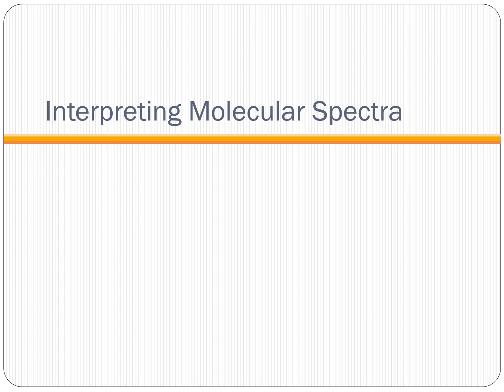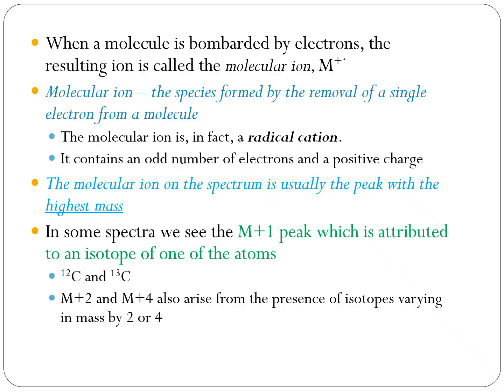Hi, so today we're going to look at interpreting molecular spectra and determining molecular structure as it relates to our mass spectrometry. A quick review of the parts of a molecular spectrum, where we have a molecular ion, and that would be the species that was formed from the removal of a single electron from a molecule.